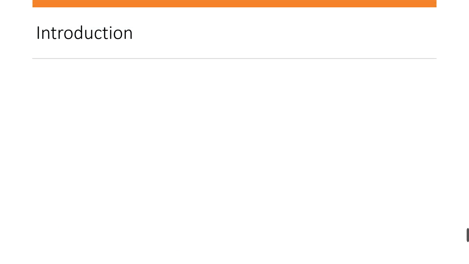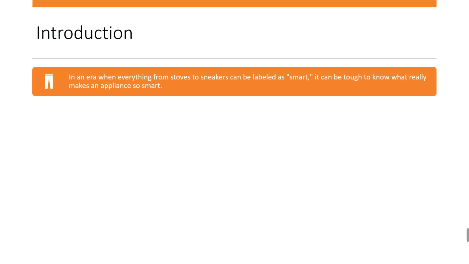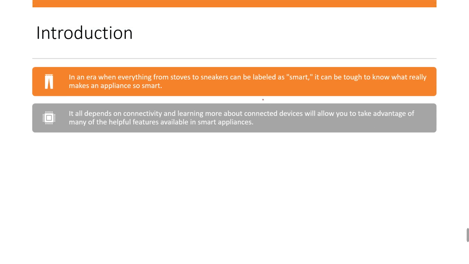smart appliances. In an era when everything is termed smart, whether that is a stove or a sneaker, this is just an example, from stove to sneaker everything is labeled as smart. So we can't define in a very clear manner that this appliance is smart.